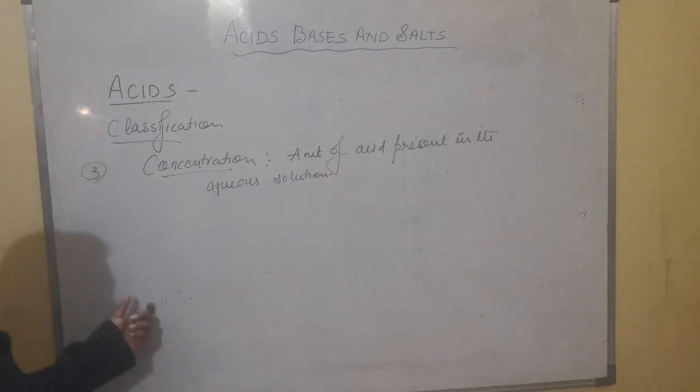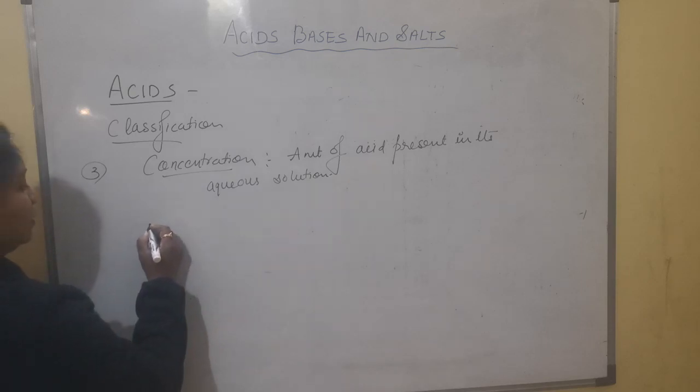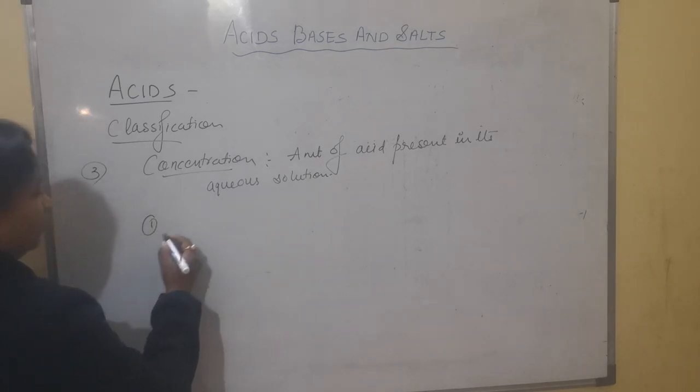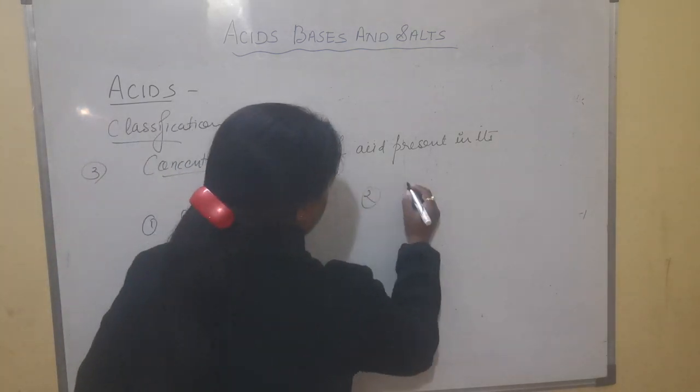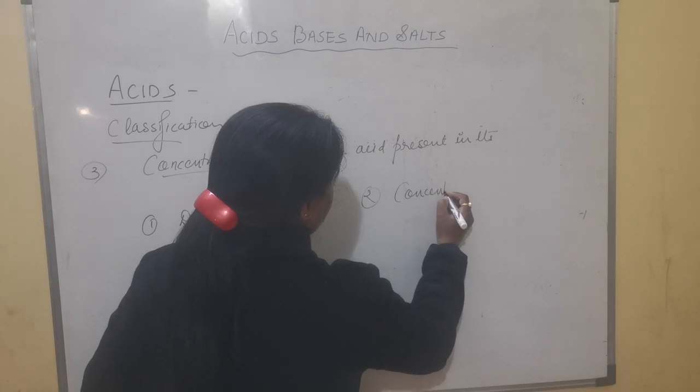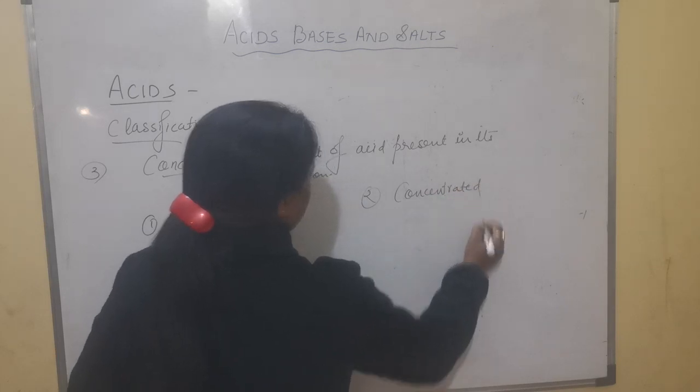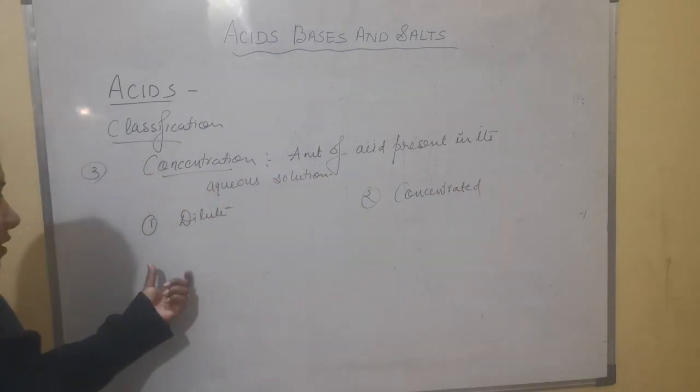On the basis of concentration, we again classify acids into two types: dilute acid and concentrated acid.